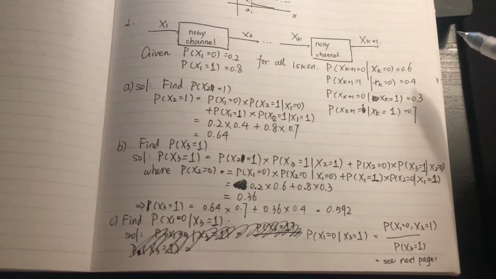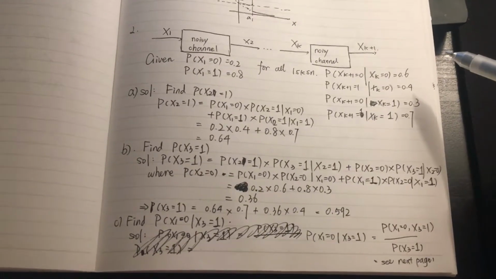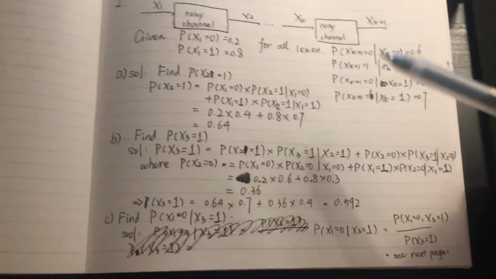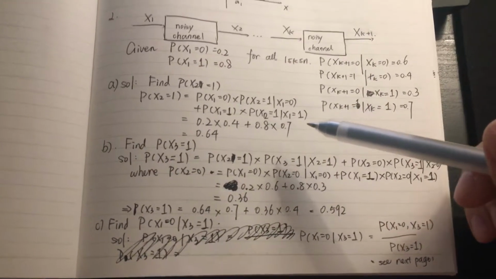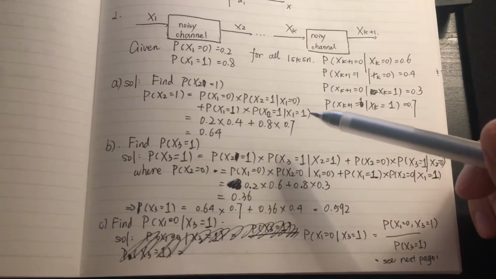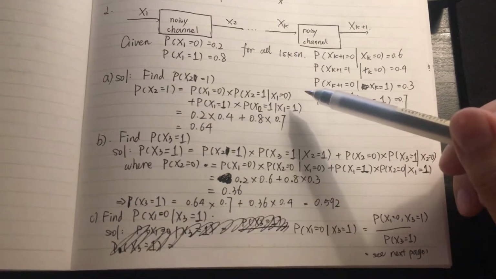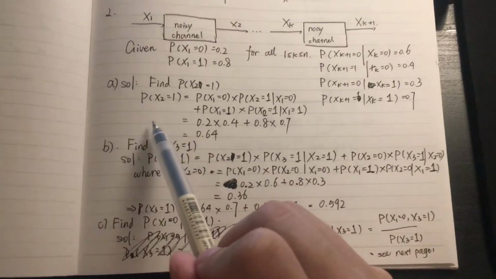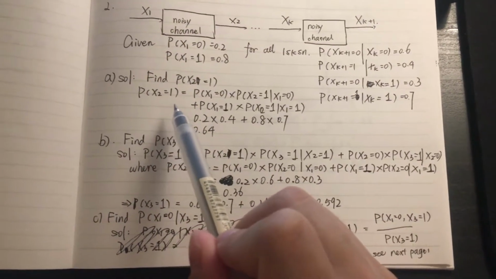The first question wants us to find P(x2 = 1). This probability can be easily found by multiplying the relevant given probabilities and adding them up. When x2 equals 1, there are two situations.